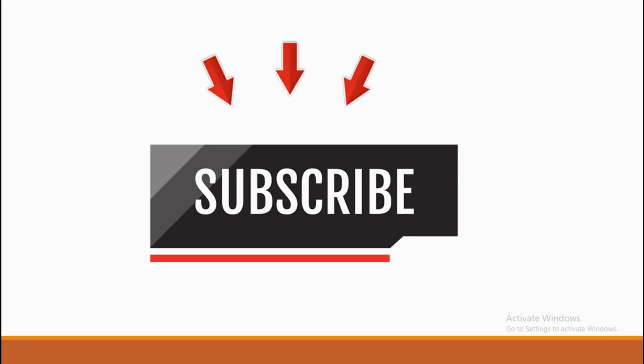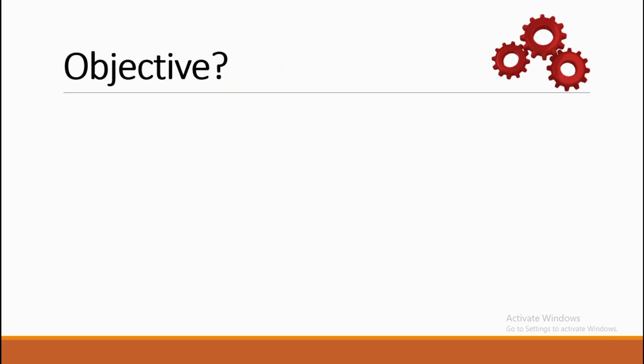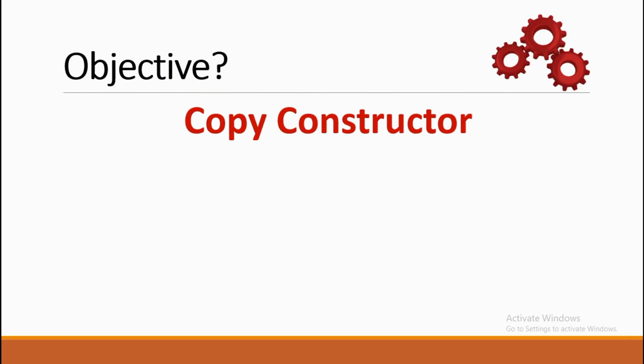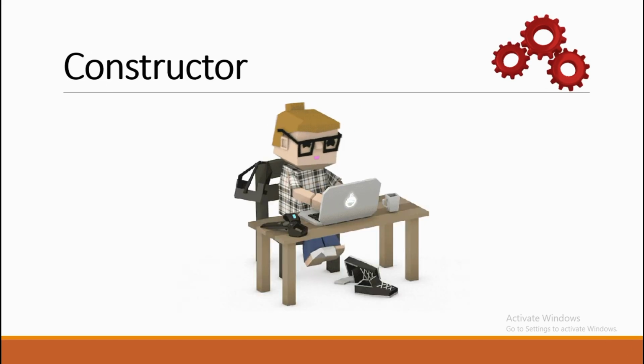The objective of this video session is to reinforce programming concepts regarding the copy constructor. Constructors can be used for efficient memory management, which is not possible with functions. Constructors are special class functions which perform initialization of every object.